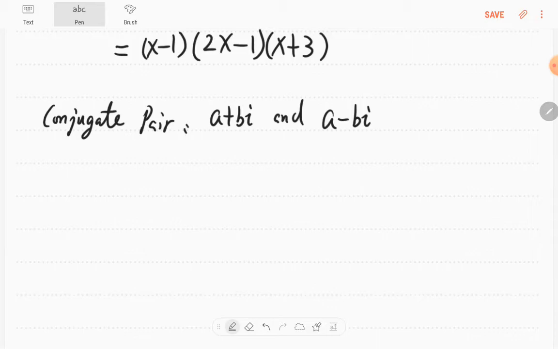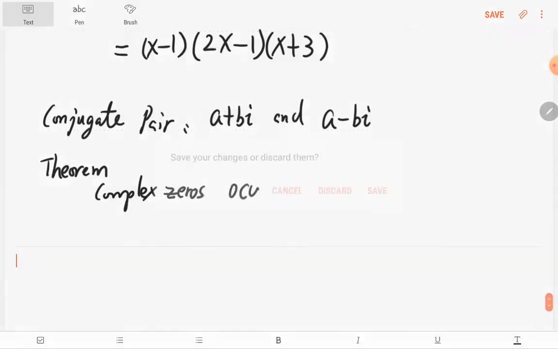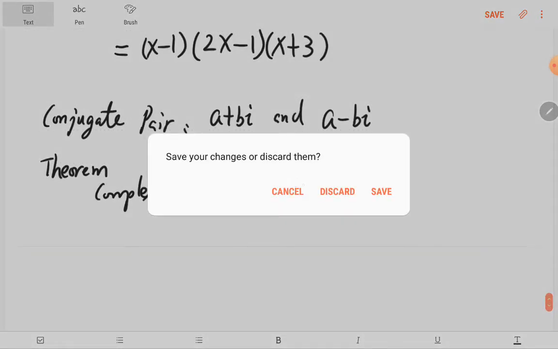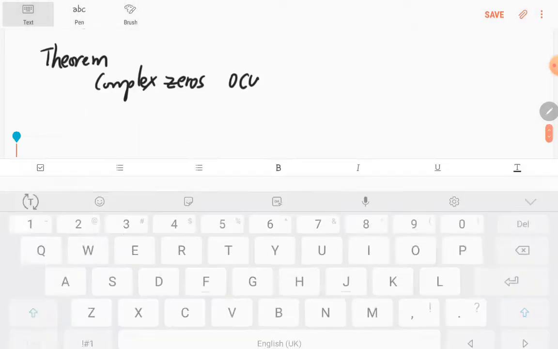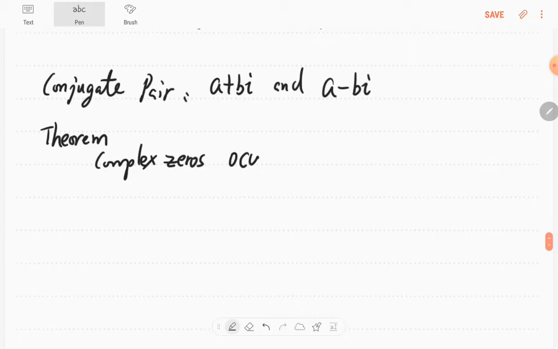Okay, so this theorem tells you that the complex zeros occur in conjugate pairs.